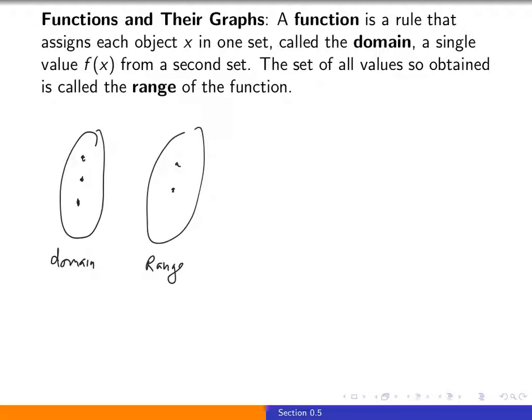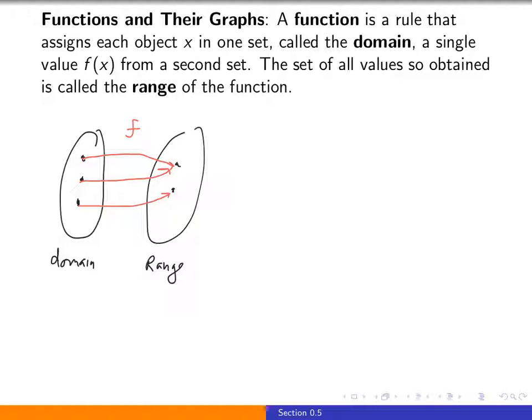And the key thing is that that input can only go to one output. So since I have one arrow starting at that top point, I can't draw an arrow over to the other point. But I could have that other input mapping to the same point. So every input gets exactly one output. But that doesn't mean every output cannot have multiple corresponding inputs.